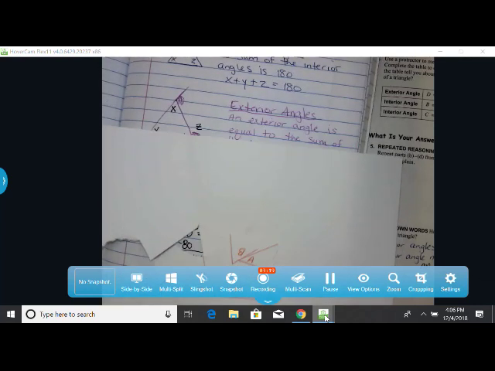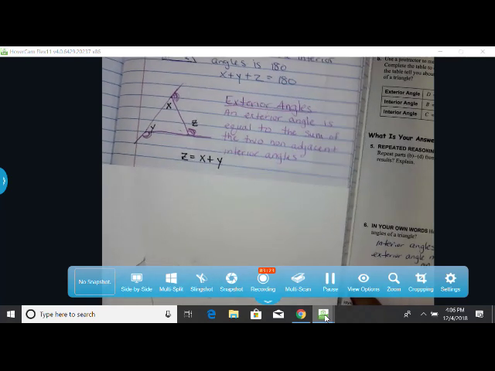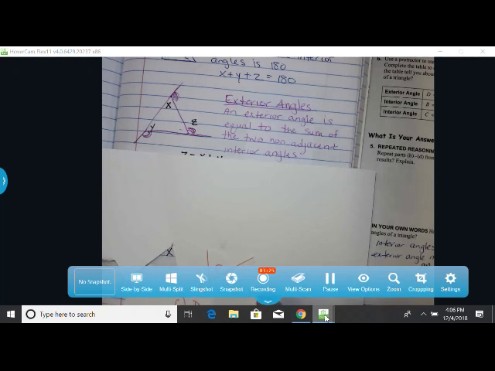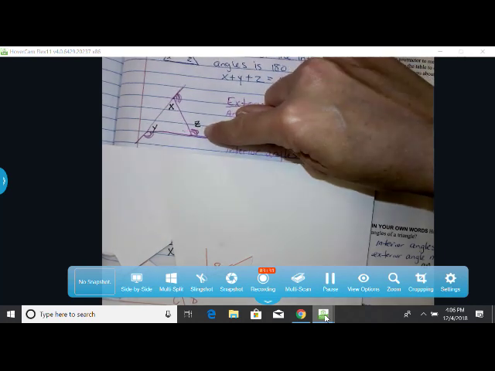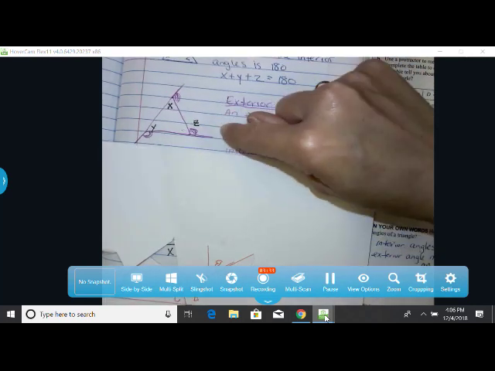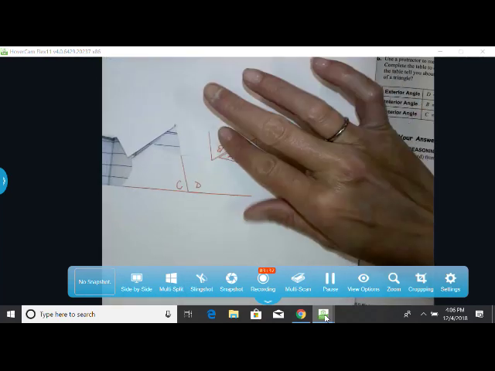What you should have discovered about the exterior angles is that when you take the two non-adjacent, meaning the two not next to the exterior angle, and add them together, they're the same as that exterior angle. That was the example I just showed you.